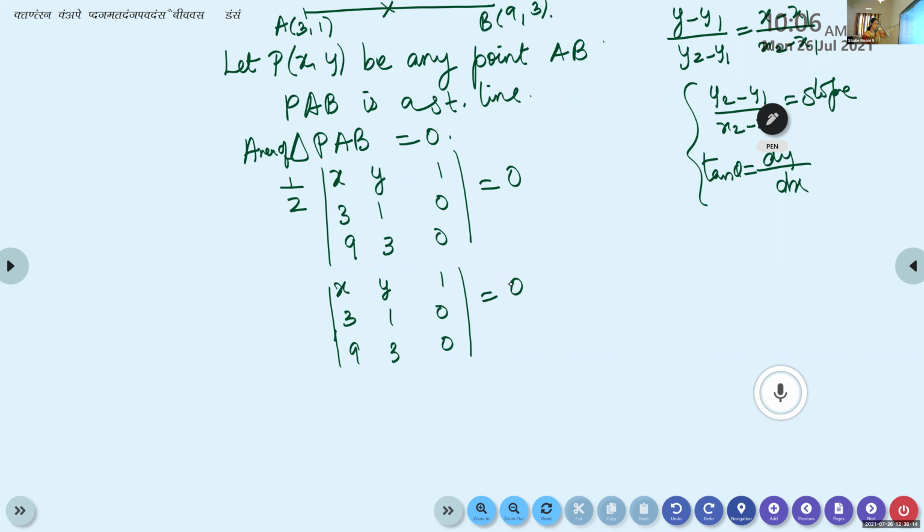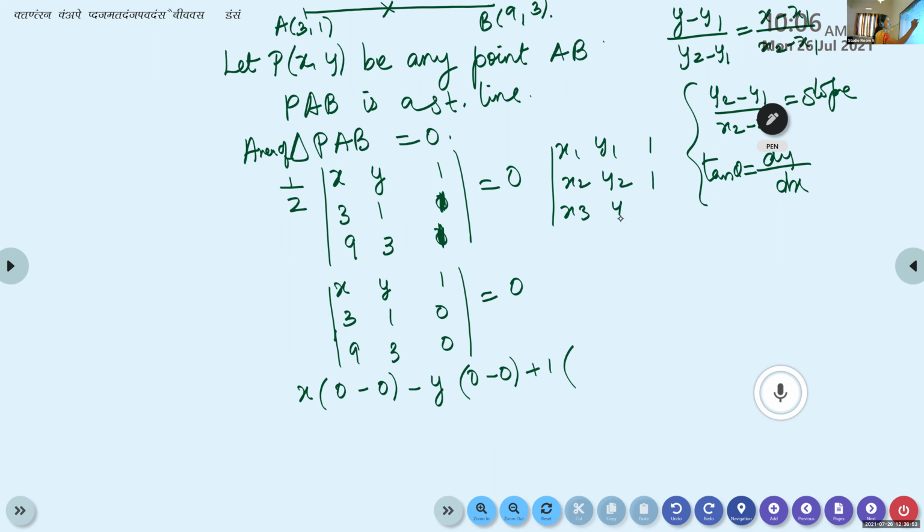Now you expand it. Sorry, children, here we should write 1, it is not 0. What is the formula? The determinant x1, y1, 1, x2, y2, 1, x3, y3, 1.